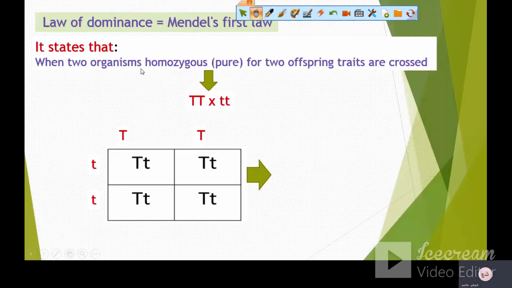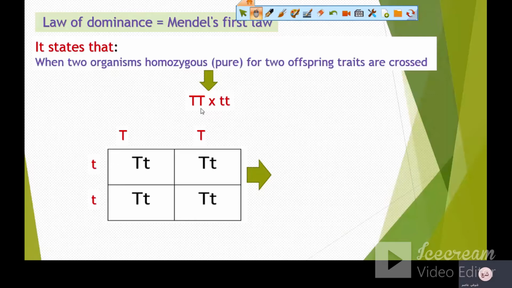So when two organisms, homozygous and pure, for two offsprings, traits are crossed, what will happen, guys? Look at this crossing. T capital crossed with T small. These organisms are homozygous and pure.